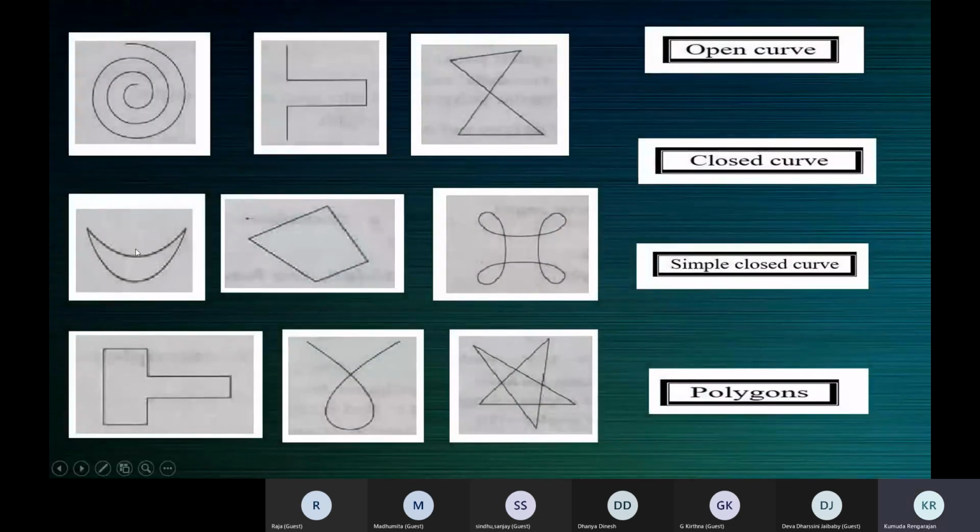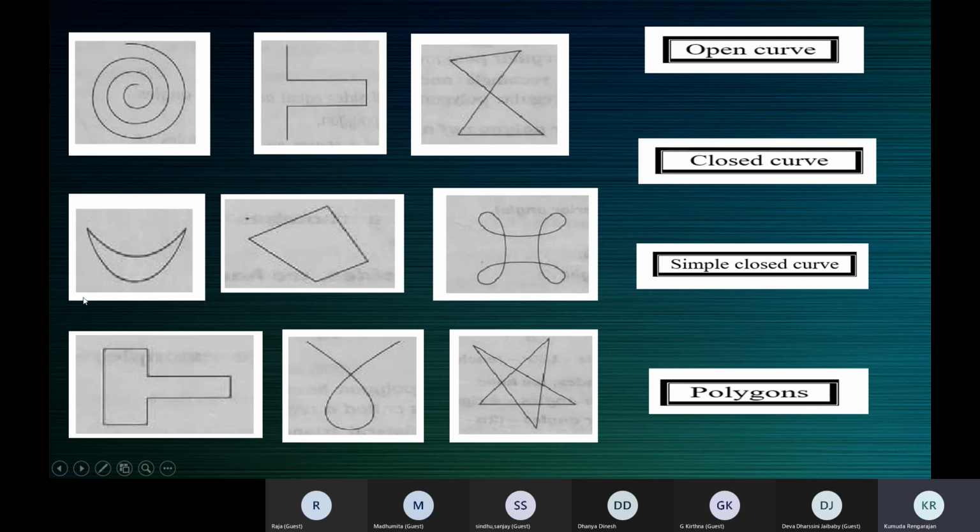Okay, so it is a curve, because maybe you start here, you go like this and like this. So we are capable of drawing this figure without lifting the pencil. So this is a curve.